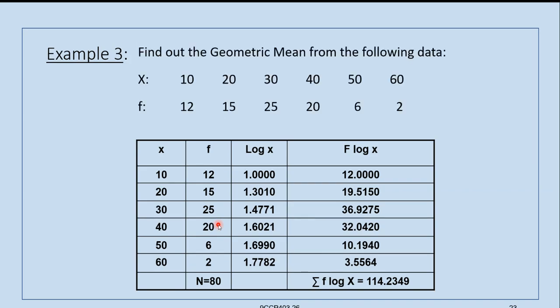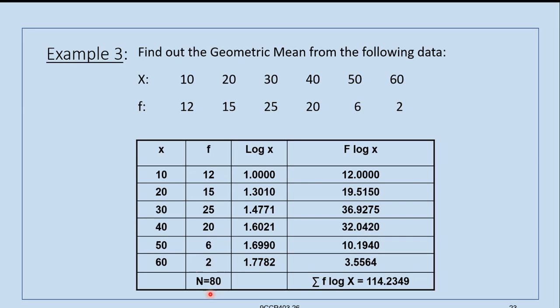Now here we have the problem x, f. X is the variable and f is the frequency. x is the first column and f is the second column, and in the third column we take log x. Logarithm of 10, 20, 30, 40, 50, 60 is taken here, and this is multiplied by frequency: 12 into 1.0000, 15 into 1.3010, 25 into 1.4771, and so on.